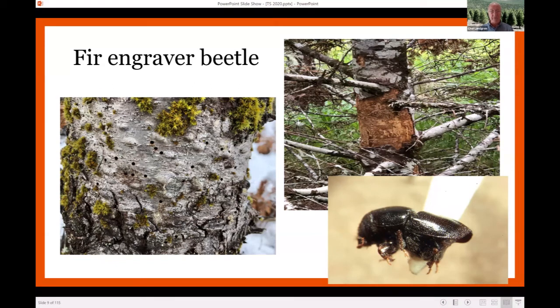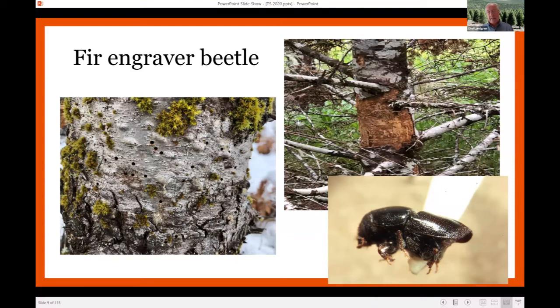In terms of diagnosing this problem, it appears that the noble fir has been subjected to some pretty dry summers in the last 5 or 6 years. So the trees have been stressed by these potentially dry, hot summers. There's probably some Armillaria root rot going on, and those stressed trees then start to attract the beetles, and the beetles are kind of finishing off stressed trees.